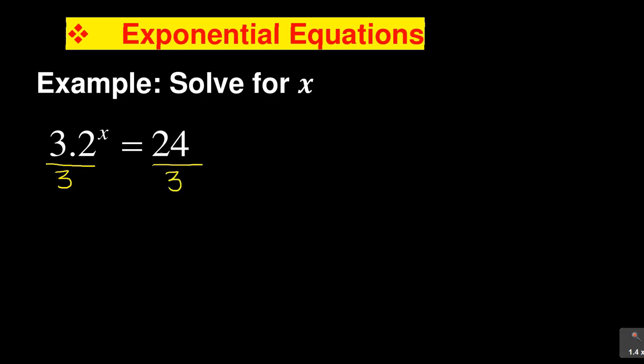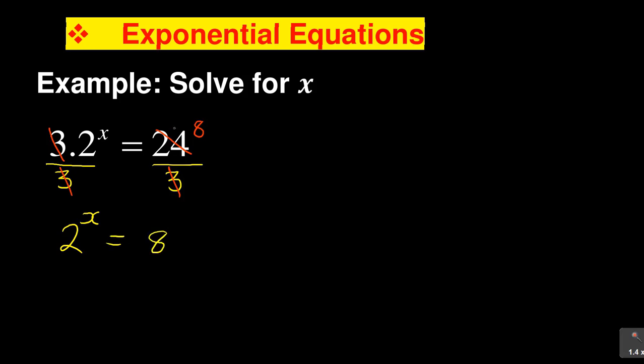But what you do on the left hand side, you have to do on the right hand side. So it is cancelling the 3. Now 3 into 24, you will get the 8. So you remain with 2 exponent x is equal to 8.